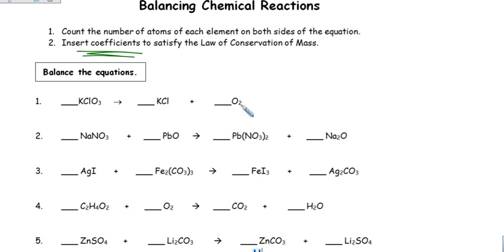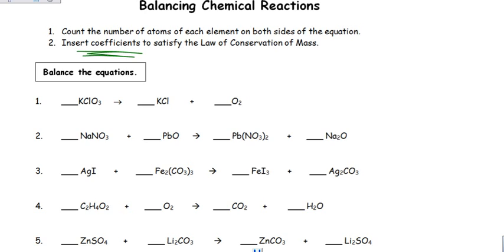I guess along the same lines, you cannot erase this 3 and change it to a 2. That's not the correct formula of the original compound. That's potassium chlorate. So if I need to balance this, I get it. It looks as if I destroyed an oxygen atom, and I can't do that. We'll use coefficients.